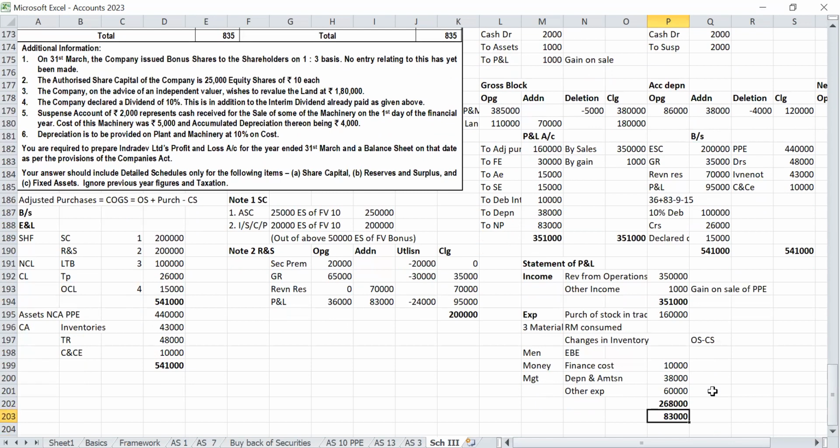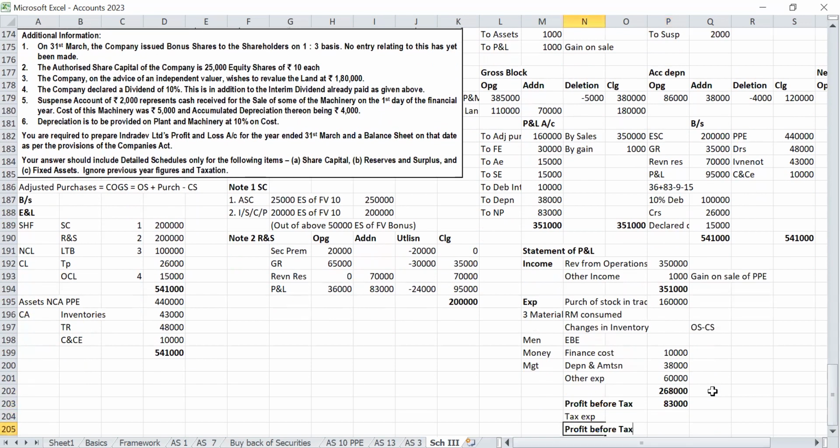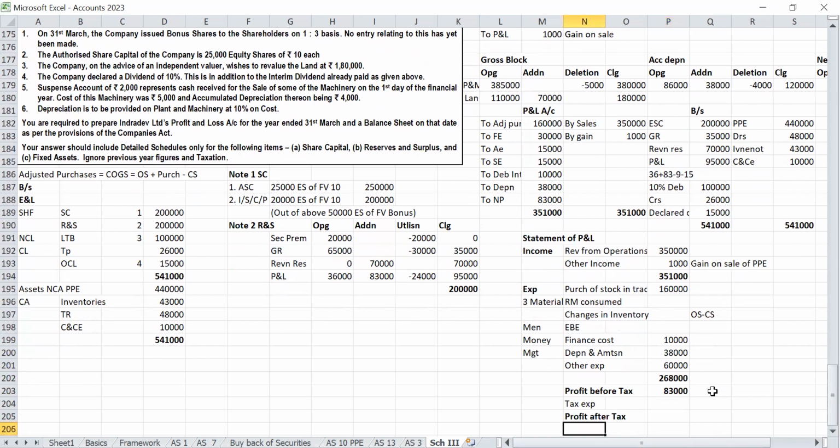So profit 83. This only I am filling here. So profit before tax. Actually tax expenses will come. Then last are profit after tax will be written here. In this question there is no information, so we have written.